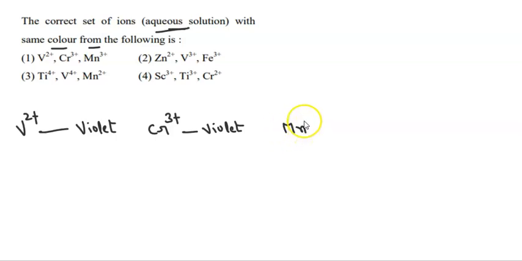Mn3+ is also having violet color. Zinc 2+ having no unpaired electrons, no color. Scandium 3+ having no unpaired electrons, no color. Titanium 4+ having no unpaired electrons, no color. So option 1 is the correct answer for this given question.